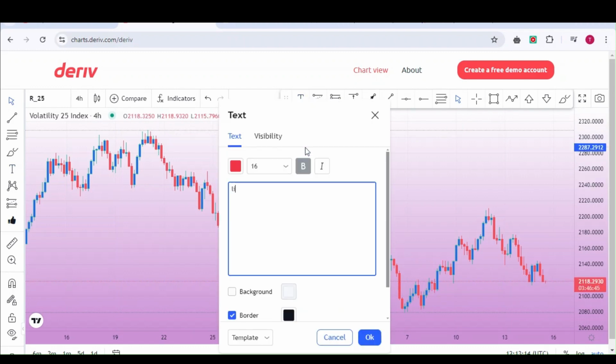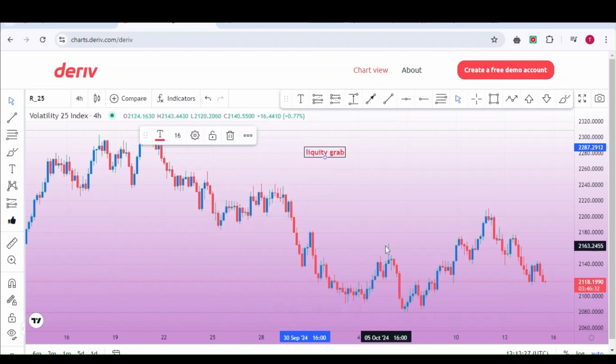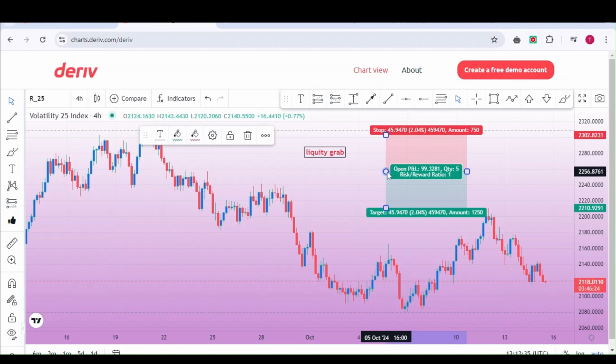So let's first find out what a liquidity grab is. A liquidity grab in the market refers to areas where traders have placed their stop losses, often around the swing lows and the swing highs.